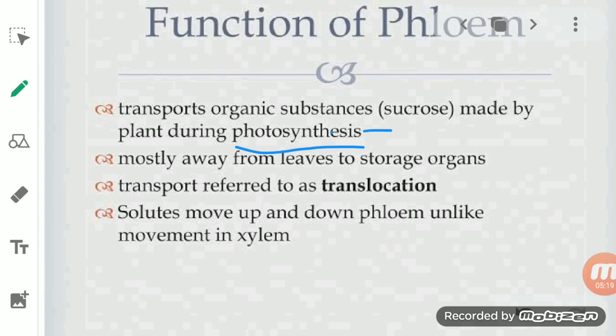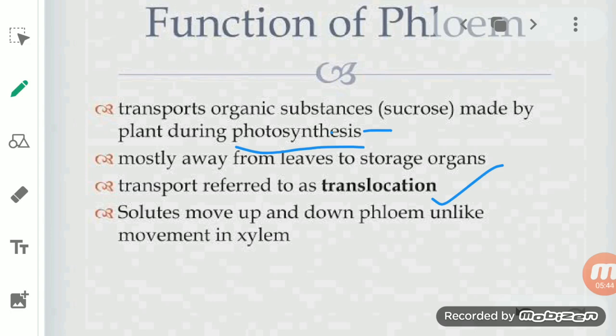Now what is this transportation known as? So the transportation of the food and the nutrients to the different parts of the plant is known as translocation. Okay, so the transportation of water and mineral is known as transpiration, and the transportation of food and nutrient is known as translocation.